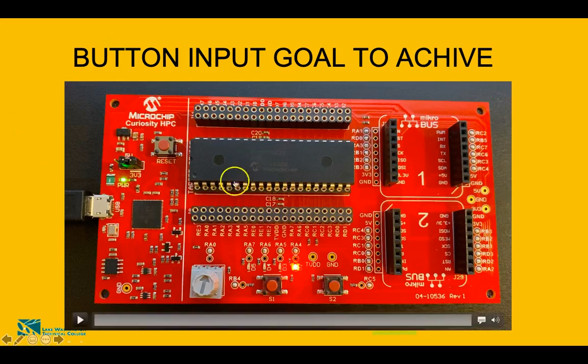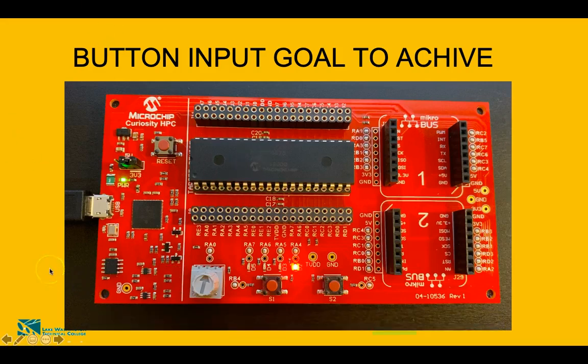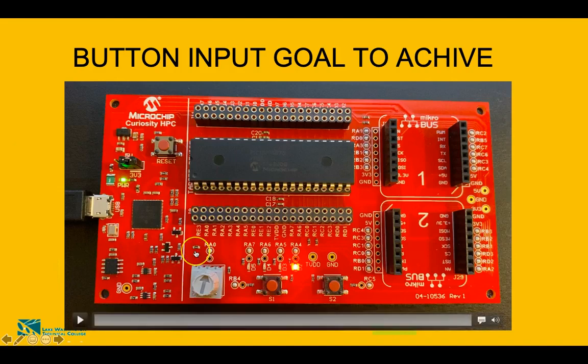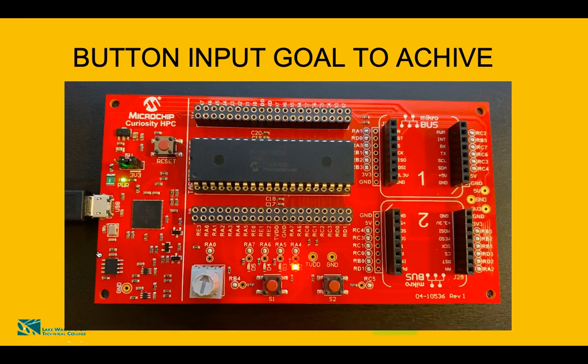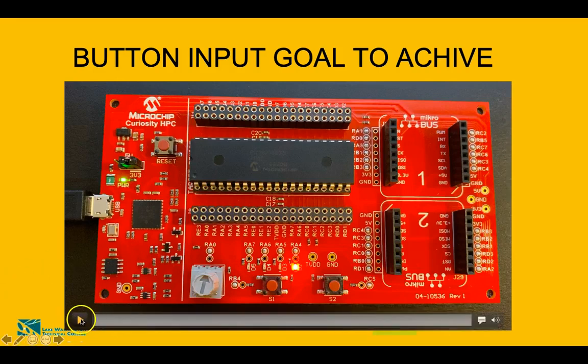I have put up a small video of a development board which already has a button input code, and it will tell you what is happening. That's what we are going to learn in the coming part of this lecture. So I'm going to play this video.